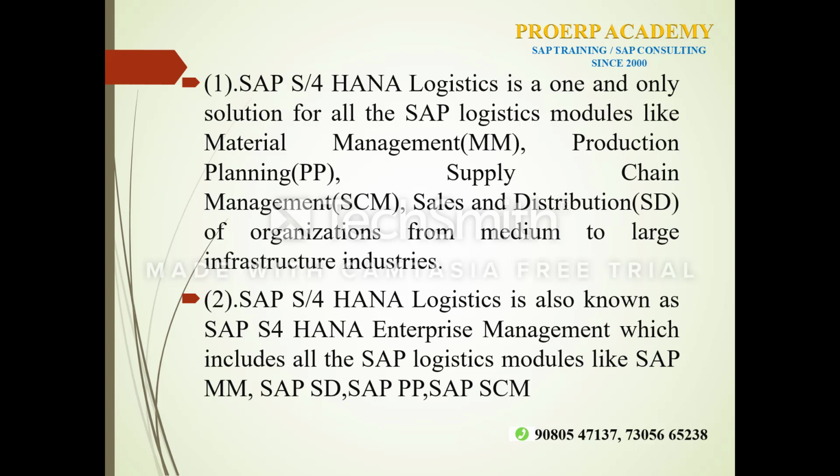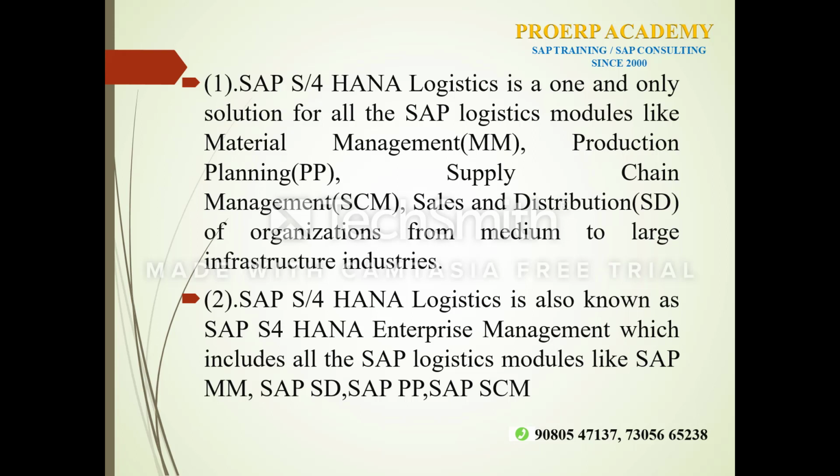That means S/4HANA Logistics is the combination of material management, production planning, supply chain management as well as the sales and distribution module of SAP. So it combines four different logistics modules, namely material management, production planning, supply chain management as well as sales and distribution.